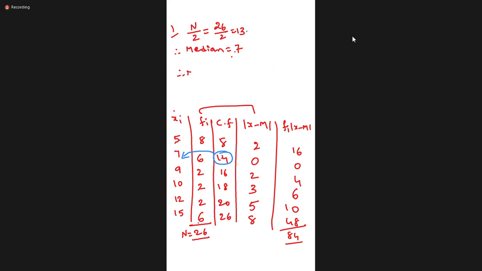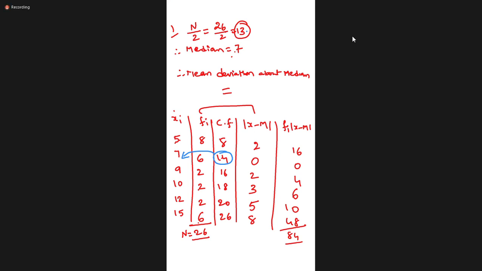Therefore, mean deviation about median. Whatever N by 2 value you get, search for the number just above it in the cumulative frequency.